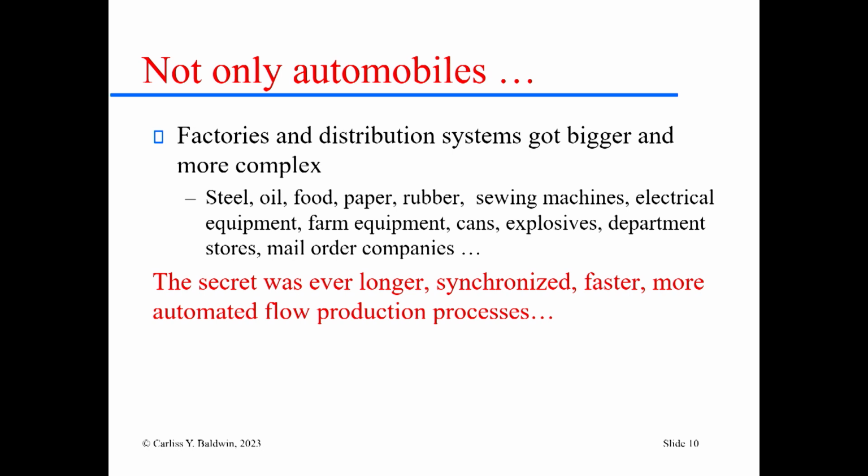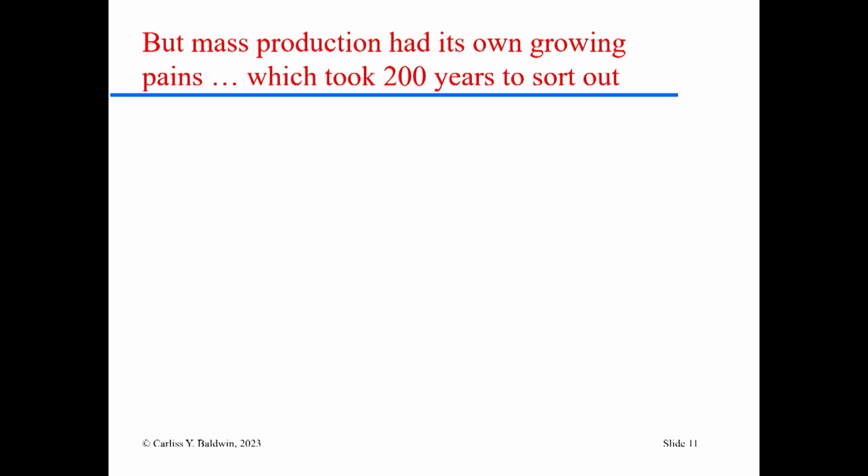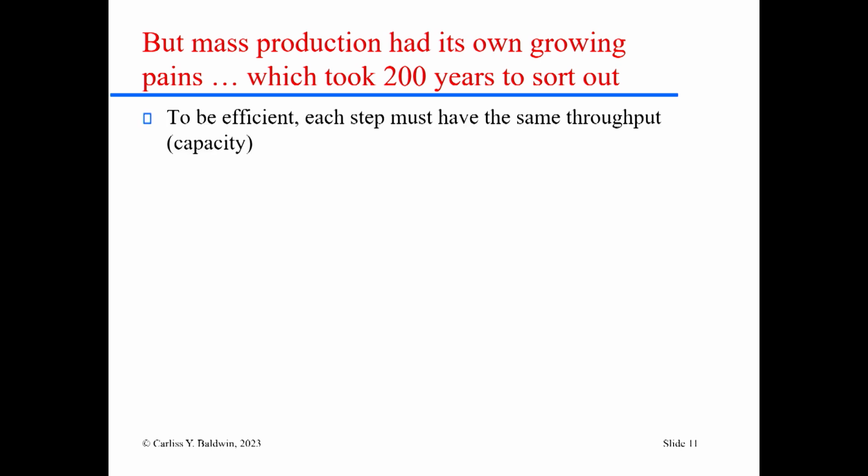The secret was ever longer, synchronized, faster, automated flow production. That's the mass production paradigm. But mass production had its own growing pains, which took from Adam Smith till quite late in the 20th century to sort out. To be efficient, each step must have the same throughput capacity, but step capacities want to be random.